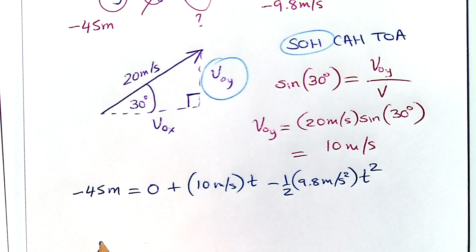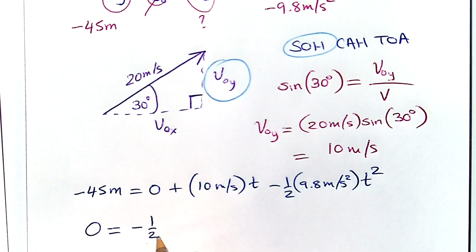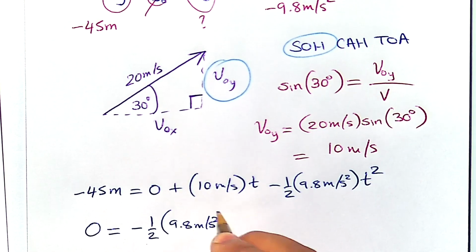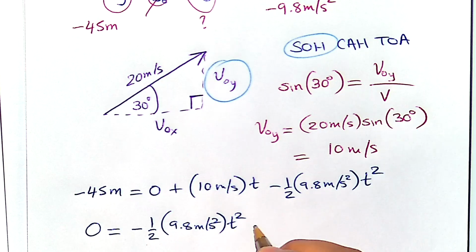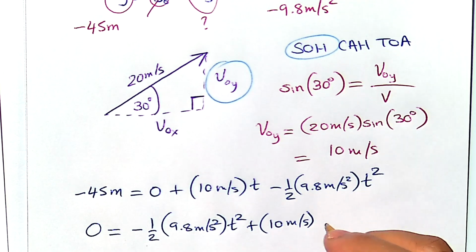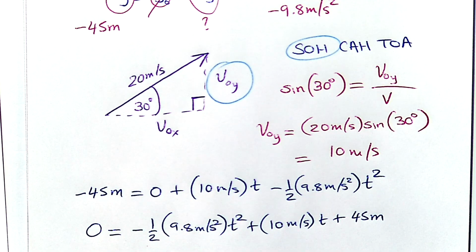And what I'll do is rewrite it slightly, right? So I'll say 0 is equal to minus 1/2 times 9.8 meters per second squared times t squared plus 10 meters per second times time plus 45 meters.